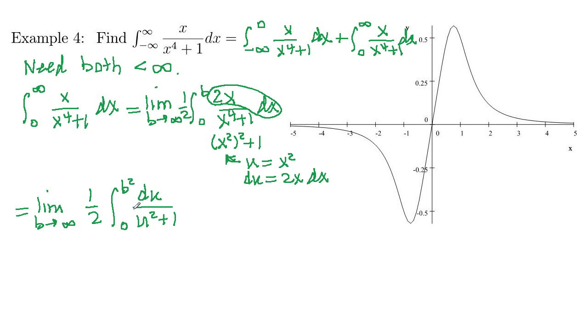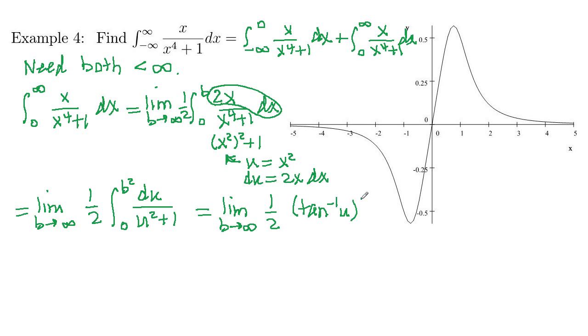And then do you recognize the antiderivative of 1 over u squared plus 1? Remember that that is inverse tangent. So this is limit b goes to infinity. Got that 1/2 out in front. And then this will be inverse tangent of u.